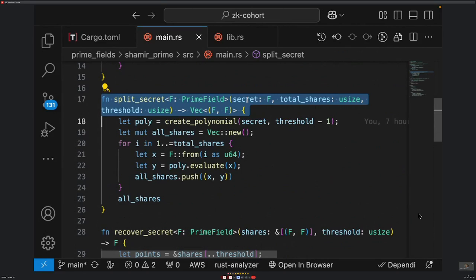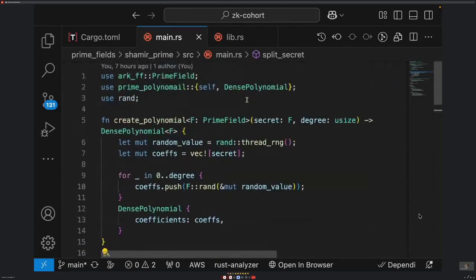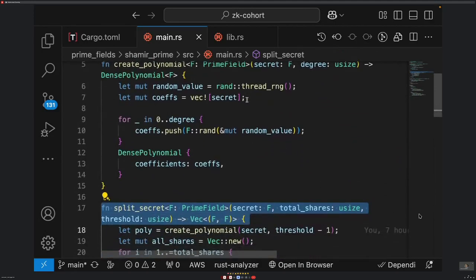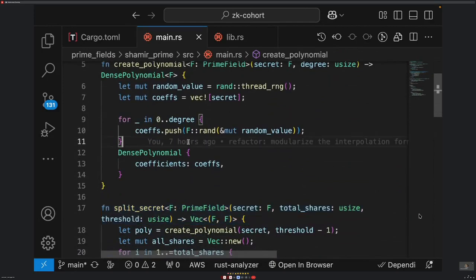Is anybody lost in that part? Yes. So now this dense polynomial here. The degree here, that's like your threshold. No, that's the polynomial that you are able to complete at that particular point.